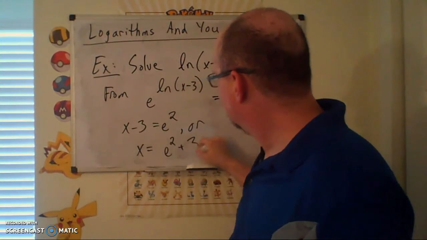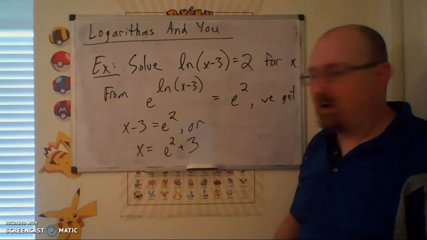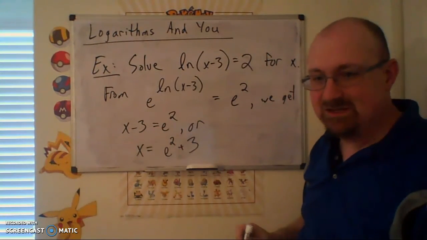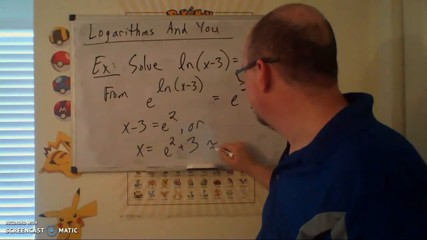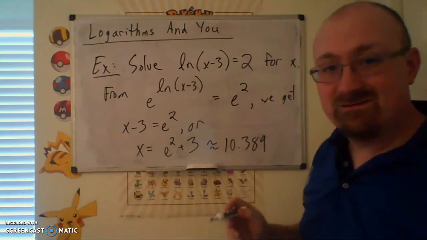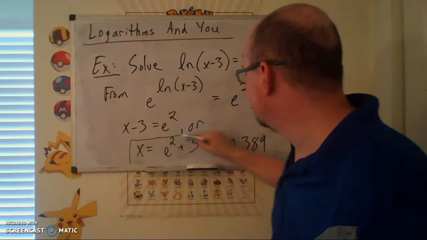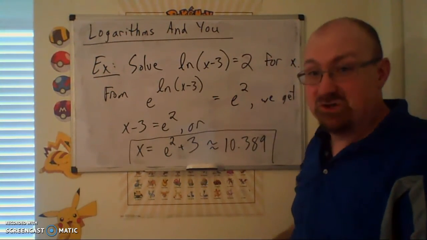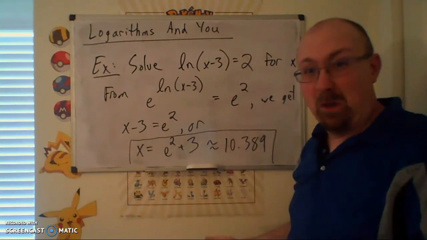So then, like Algebra 1 style, to get x by itself, we've got to add 3 to both sides of our equation. So we get e squared plus 3. If you wanted a decimal for this, I came up with 10.389, accurate to 3 decimal places. So we were able to use an exponential to get a variable out of a logarithm.